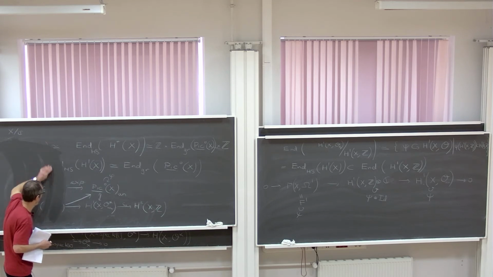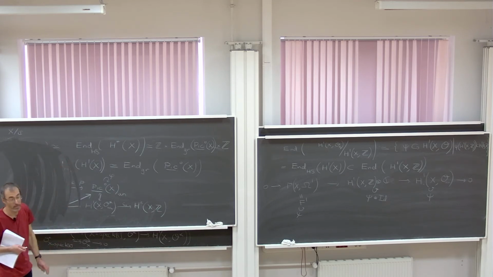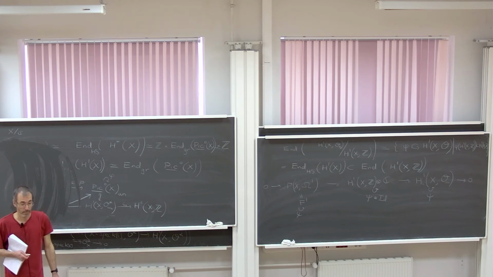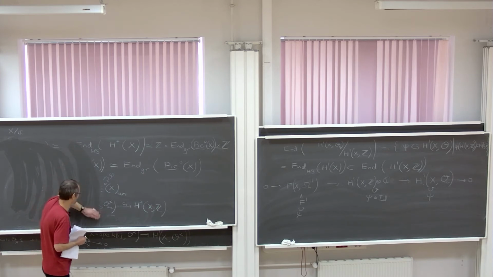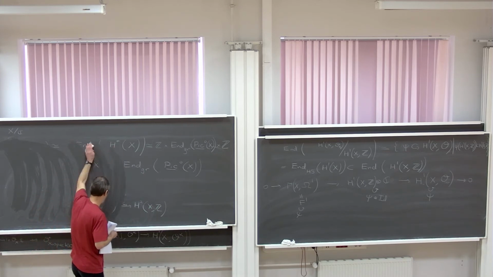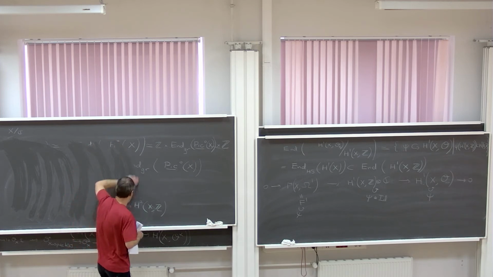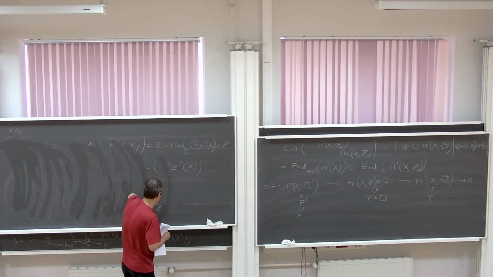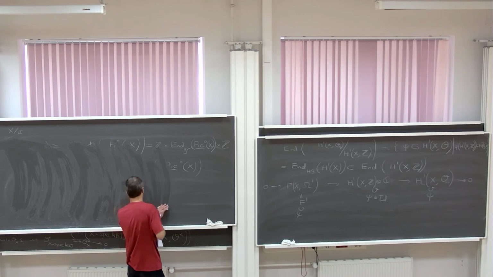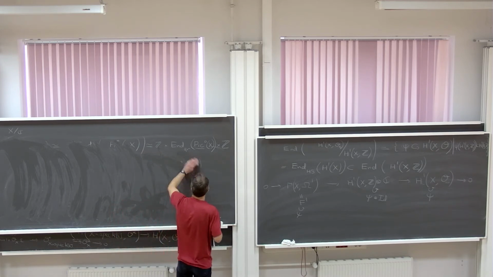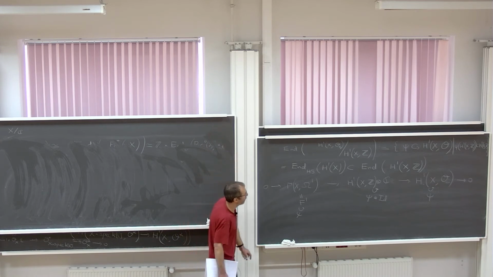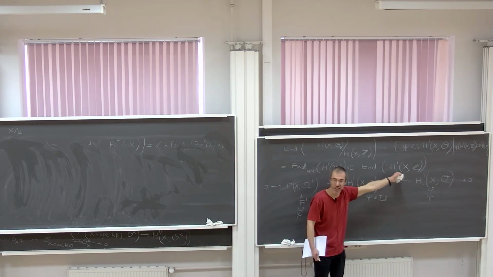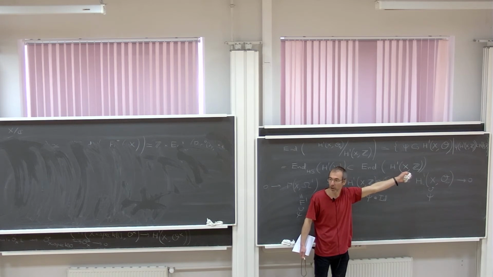So what is the expected rank? We know that if X is a general elliptic curve, then it's 1. In general, it's just 1. That's a very good question. It's not easy to answer. Well, it requires some work to prove it in general, because we don't know what are the Hodge structures explicitly that come from curves.